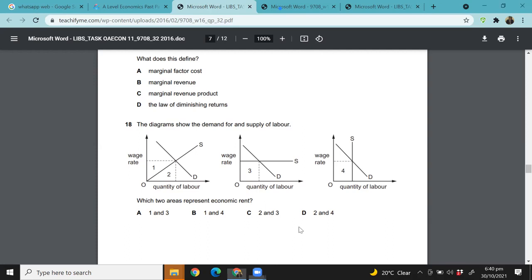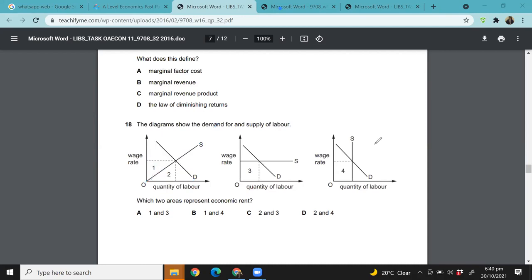So do you remember we discussed this? Have a look at this. The area below wage and above supply is your economic rent. In this case, where this is the normal downward sloping demand curve and this is the normal upward sloping supply curve, the area below wage and above supply, this A, is economic rent.